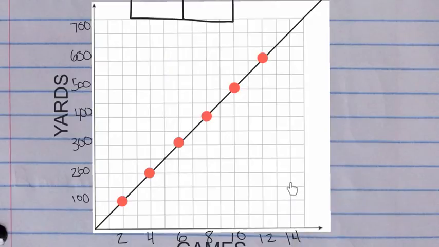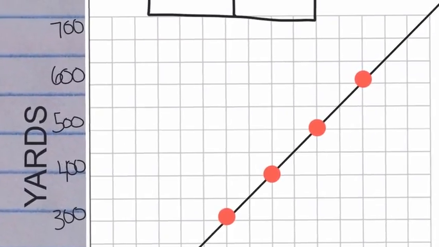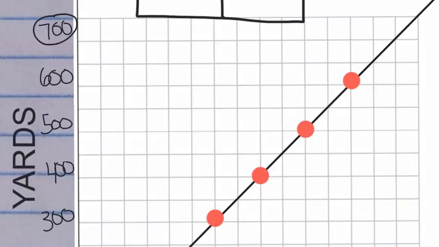Let's follow it all the way up. 14 all the way up, all the way up. Oh, it crosses right here. Follow that over. We are at our 700 mark. It kind of is hard to tell where this 700 goes, but I'll zoom in a little bit. This 700 corresponds to this line right there.